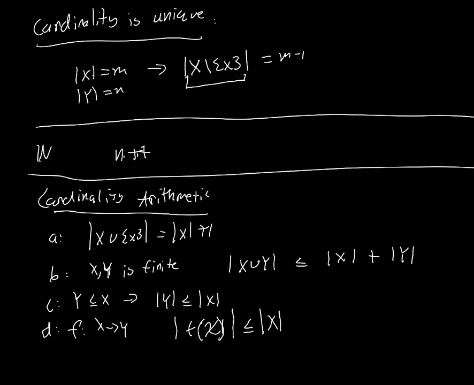And the other two are just combinatorics statements, like the cardinality of Y to the X is equal to the cardinality of Y to the cardinality of X. Yeah, but that's it for cardinality.